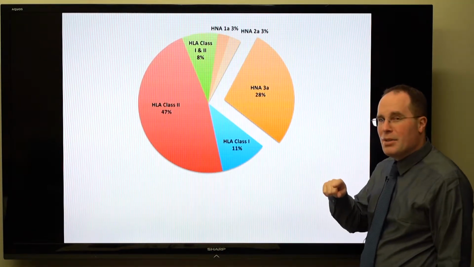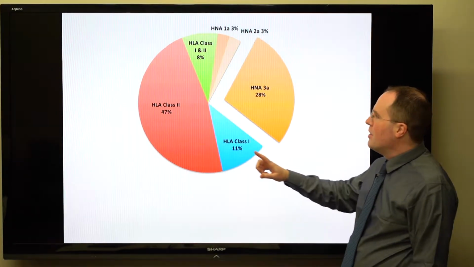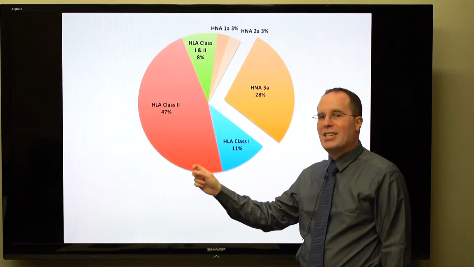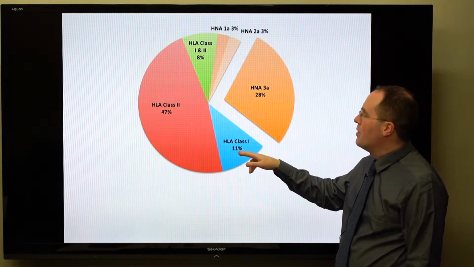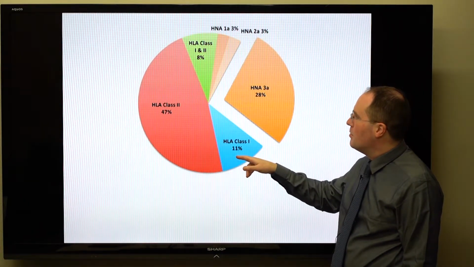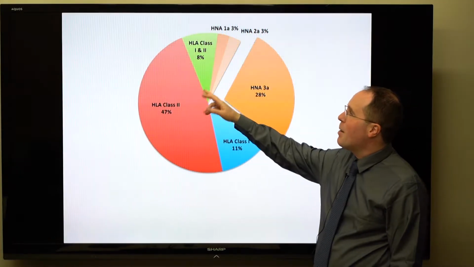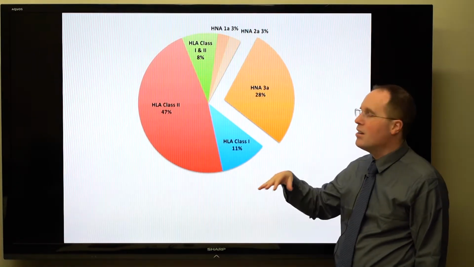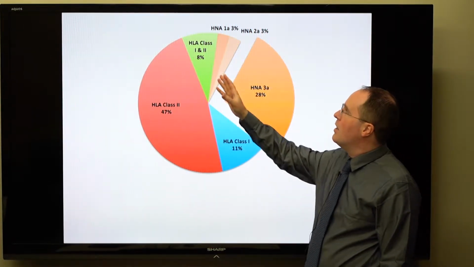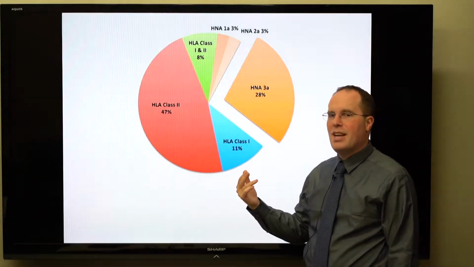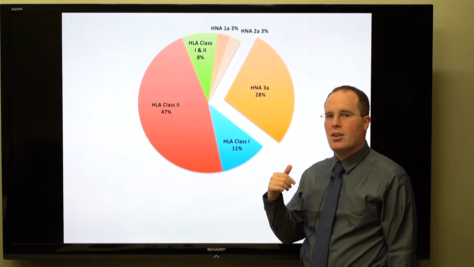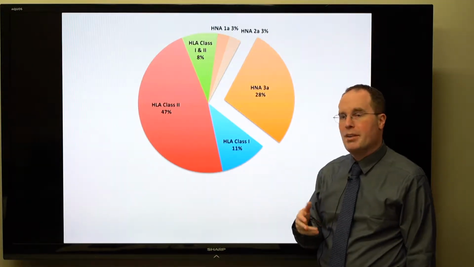And which antibodies are we talking about? So the most common type is the HLA class 2. HLA class 2 is the most common, along with class 1 being there to some degree, and then the combination of HLA 1 and 2 being there. So broadly speaking, the most common specificity of these antibodies in immune TRALI is HLA antibodies.